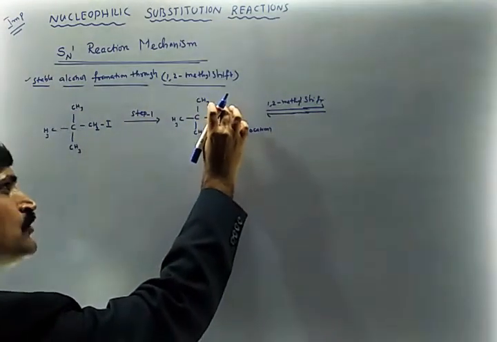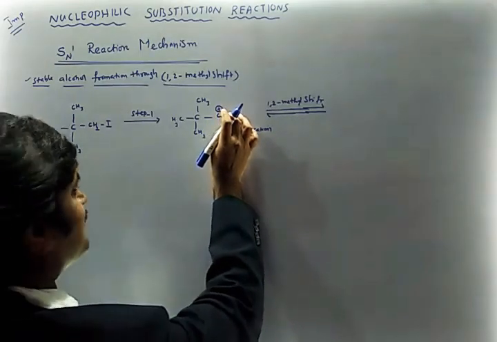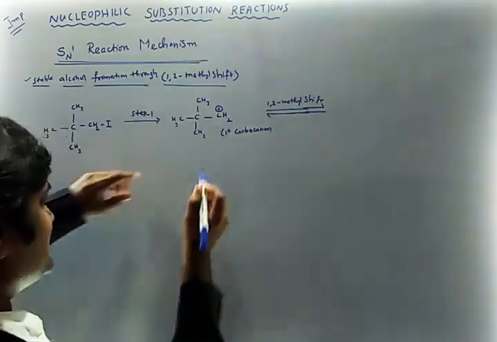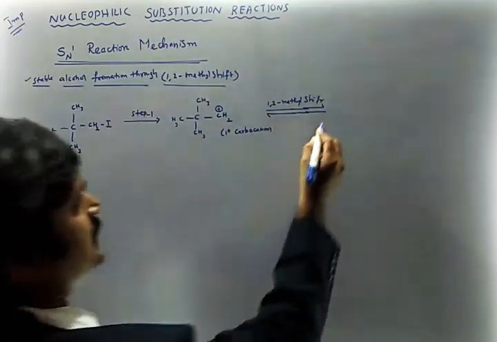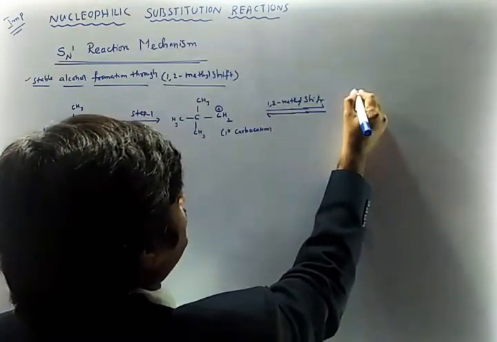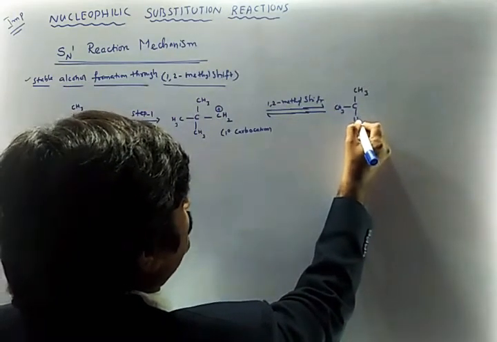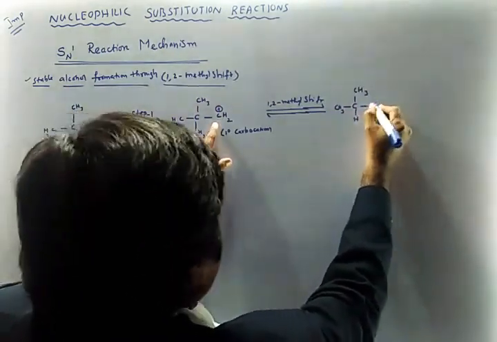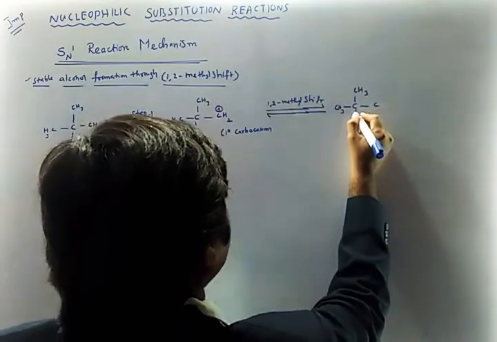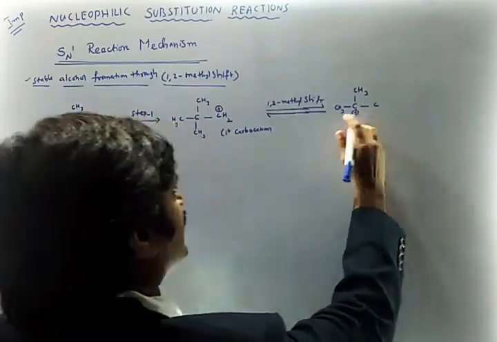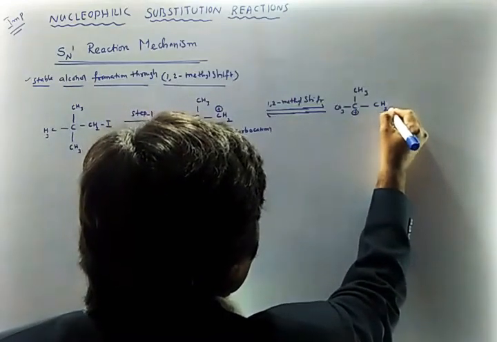Here the methyl group will go towards this carbocation, and the hydrogen that is there will come to this point. Then see how the product will be. It is CH3, it is also CH3, and you can write hydrogen here. This will become positive, and this carbon has got satisfied with a methyl group.